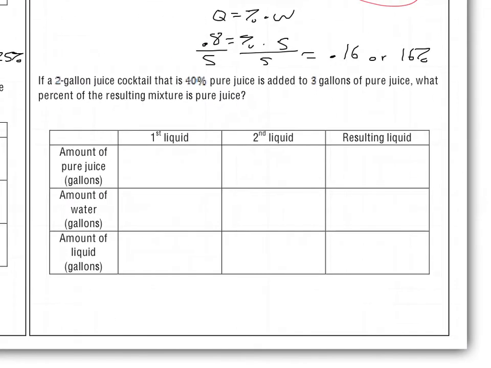And the last one, try and go ahead and set this one up all on your own. All right, so our first liquid is 2 gallons. It is 0.4 times 2. 40% of that 2 gallons is juice. That's 0.8, which leaves us 1.2 is water.